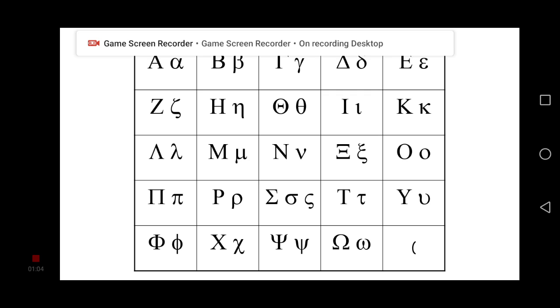You've got letters that look very much like English letters, particularly in their big form. You have got letters that you might see in maths, such as the pi and the sigma.